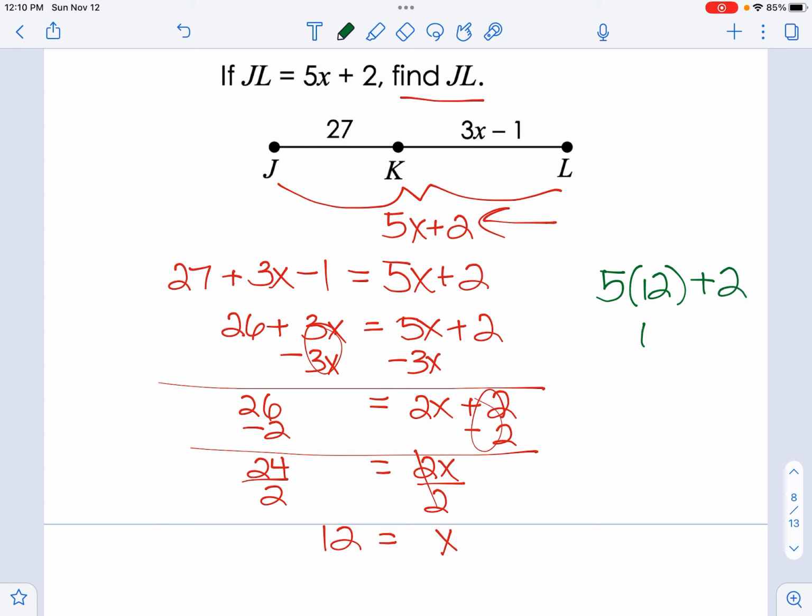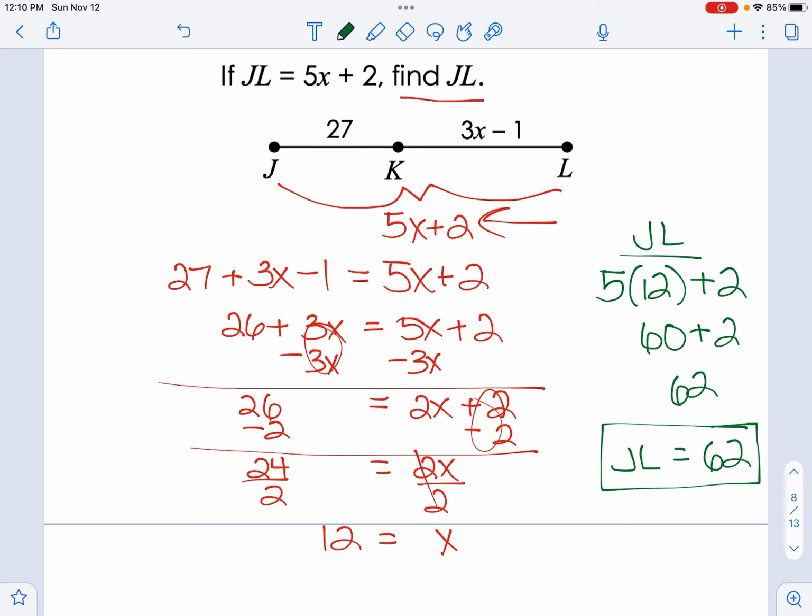So 5 times 12 is 60, plus 2 is 62. So now I know that JL is equal to that. So let's just say the length of JL is 62. I'll put a box around that because that's my answer. Okay, so again, double check and make sure you're answering what they're asking for. In this case, they're asking for the length of JL.